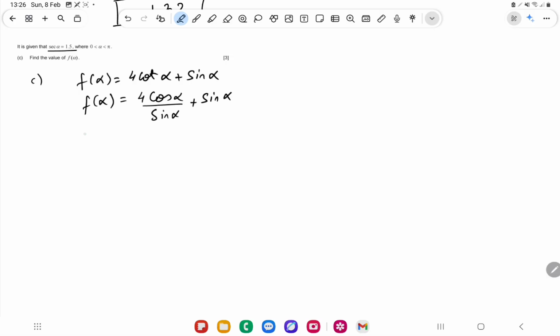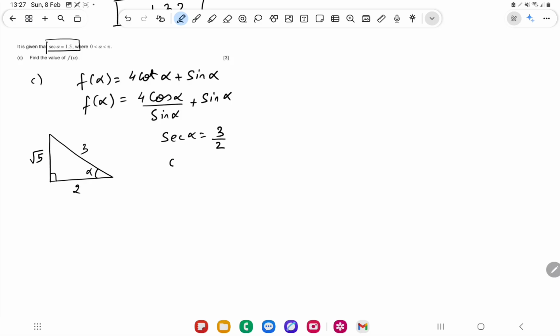Now I can use SOHCAHTOA. So I will first make a right angle triangle representing the angle as alpha. Since sec alpha is given as 1.5, which I can write as 3 by 2, from SOHCAHTOA I can write this as 2 and this as 3, and when we use Pythagoras theorem we will get perpendicular height as root 5.